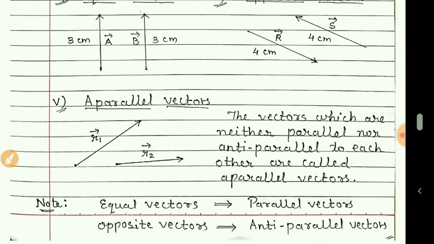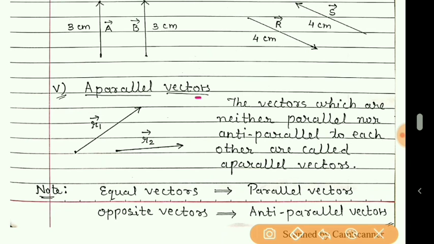Now next, aparallel vectors. So students, if the vectors are neither parallel nor anti-parallel, then that type of vectors are called aparallel vectors.